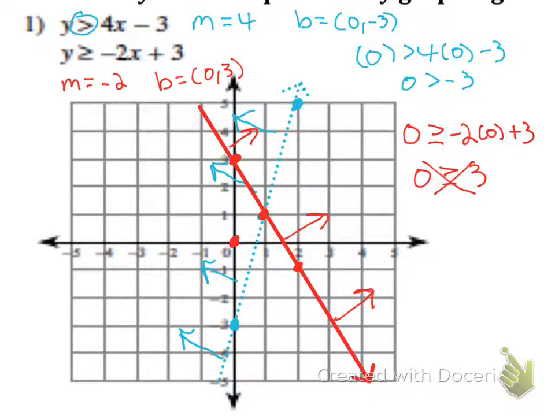Or if you looked at it just from our inequality sign, y is greater than, so we're going to shade above the line. Well, the solution when graphing systems of linear inequalities is the overlapping shaded area.